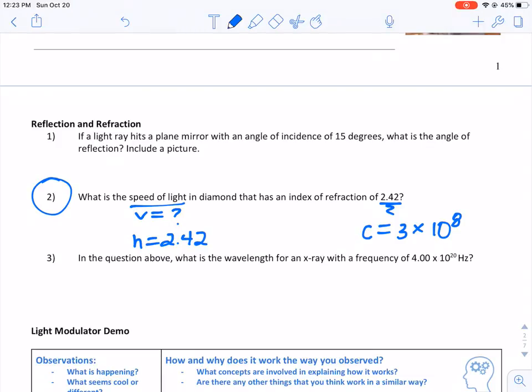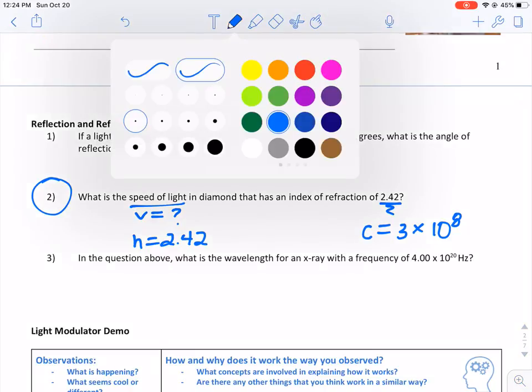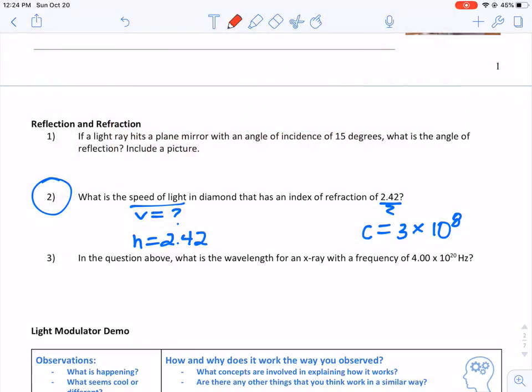So let's practice using the formula to see if we can match the number in your notes. So remember that index of refraction is n. Our formula is n equals c divided by v. Now we can rearrange this to make it more friendly. If we multiply v to both sides, all of a sudden we can say that c equals v times n.